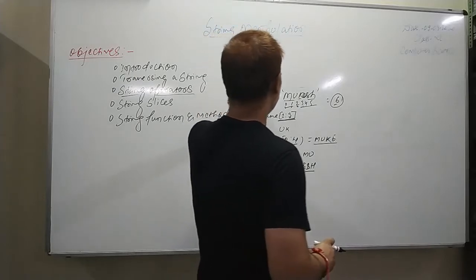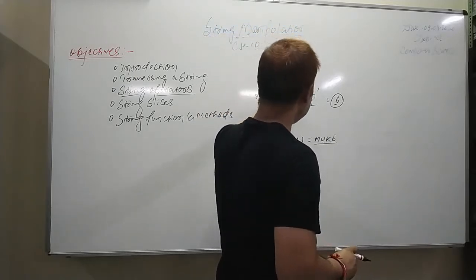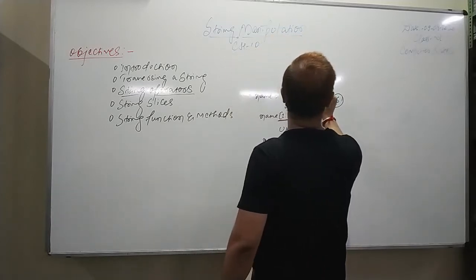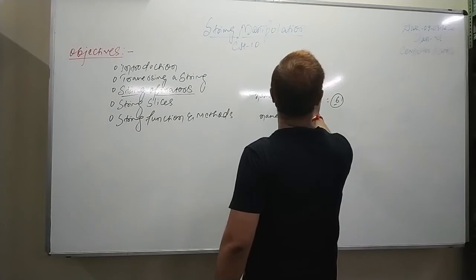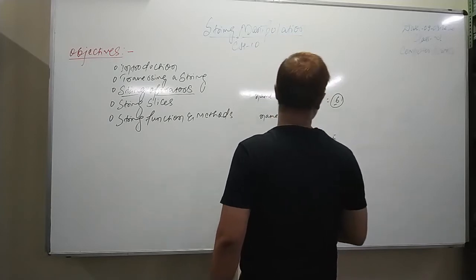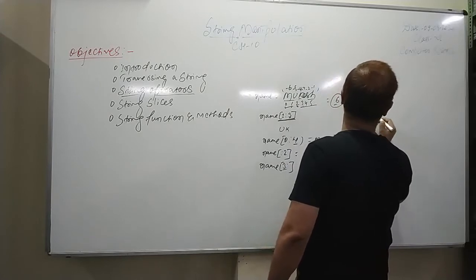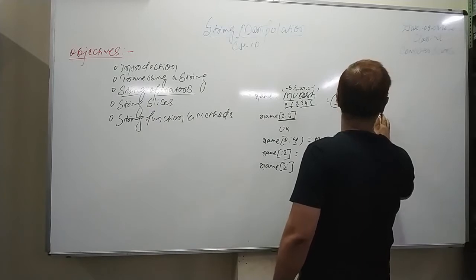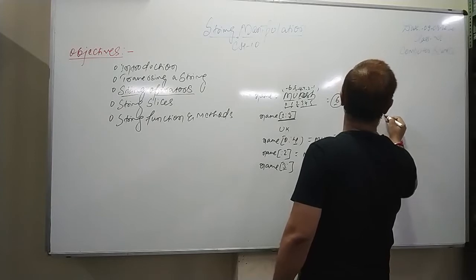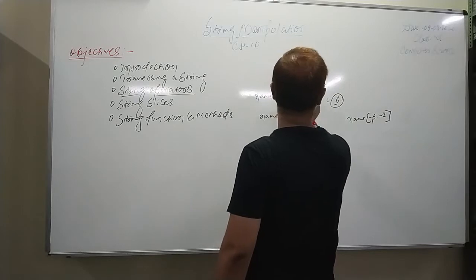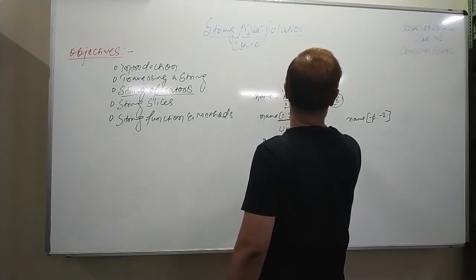In slicing, we can take any part, this is in the left to right direction. If you want the negative way, as you all know, -1, -2, -3, -4, -5, -6. Now, if someone says name of -6 : -2 with the print command, it will start from -6 and then -5, -4, -3, and this is -2.